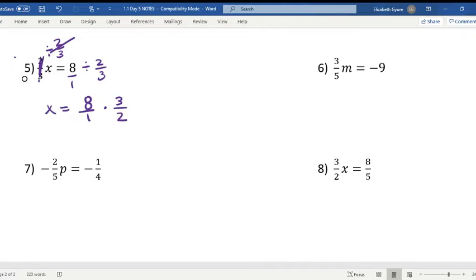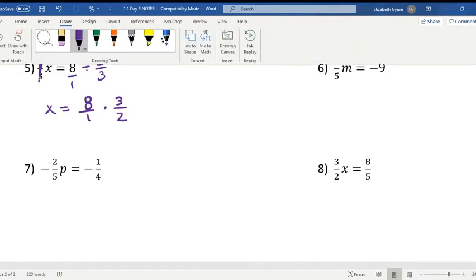At this point, if you would like to cross reduce, you can. If you don't like to cross reduce, then just multiply across and then reduce at the end, okay? Lynn, do you see anything that you can cross reduce here? 8 and 2, what goes into both 8 and 2? 2.